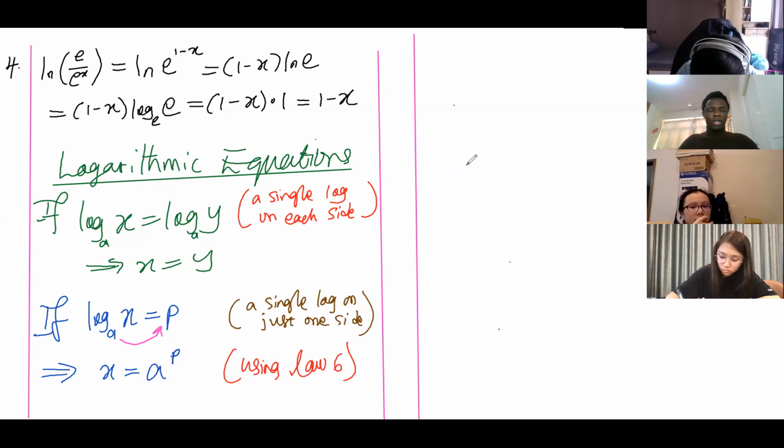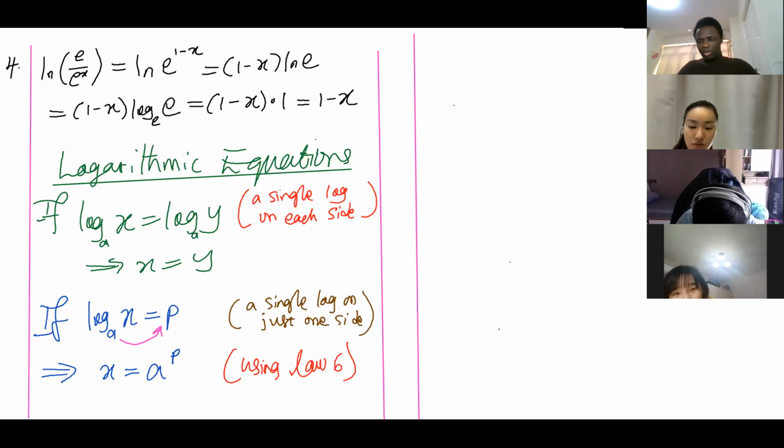So I will quickly, because I will need to leave in a maximum of 3 to 5 minutes. So let's look at this question. Okay, 2 questions before we go. Let's look at the log equation. Okay, maybe I just take from my textbook.